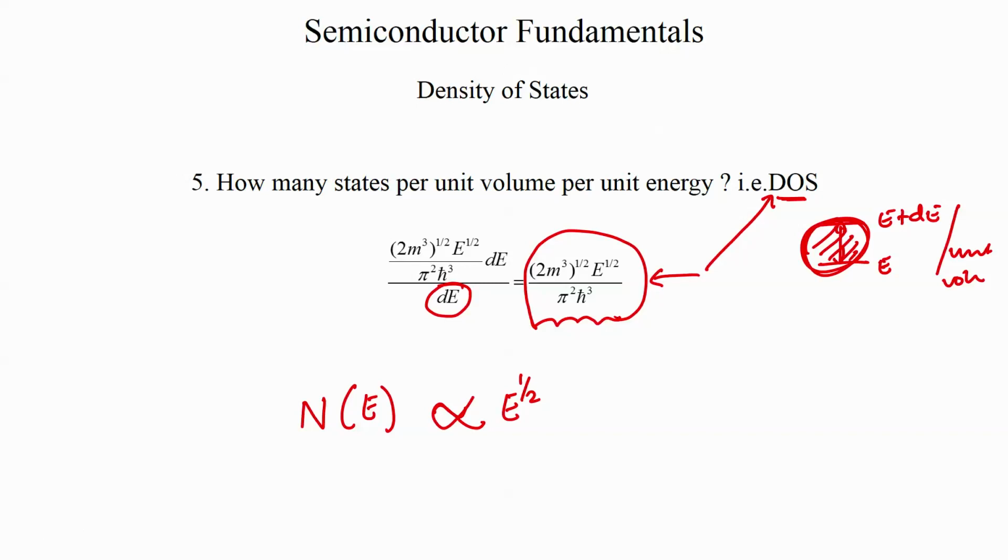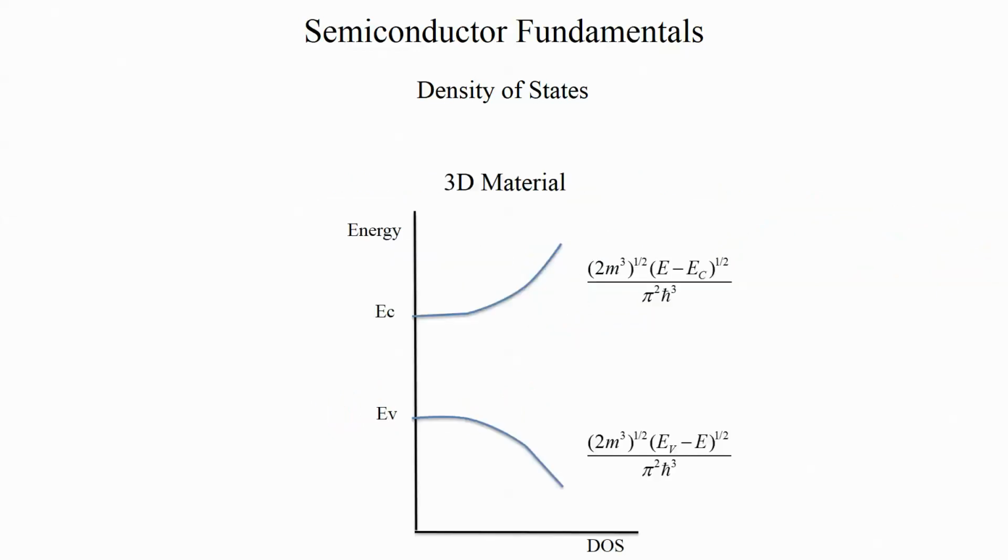Now since we will be using 3D silicon as the model material in our course here, it is useful to draw this out. So forgive this very rough sketch which I have drawn here. For a perfectly crystalline material, you have your valence band edge and your conduction band edge, and in between this is something which we defined as the energy gap. Now for a perfectly crystalline material, the energy gap will have absolutely no states.